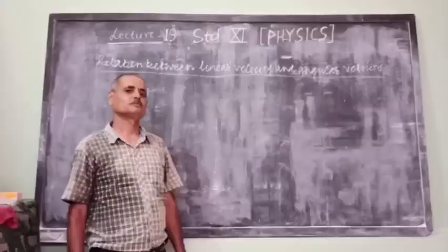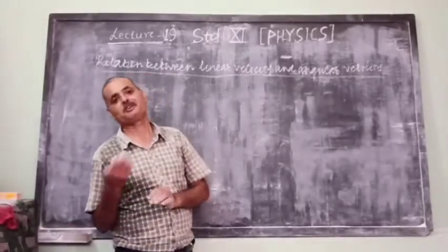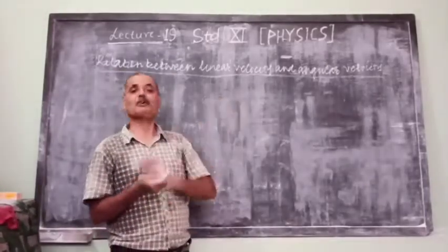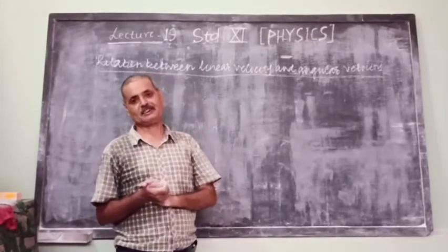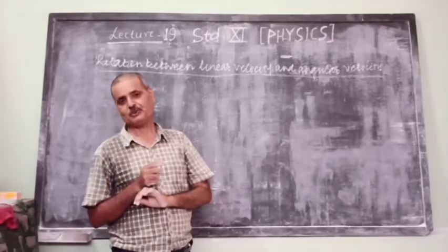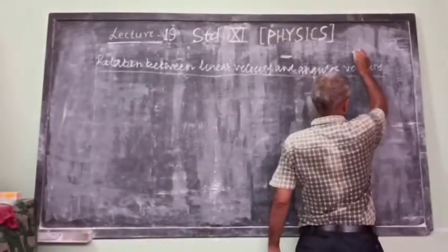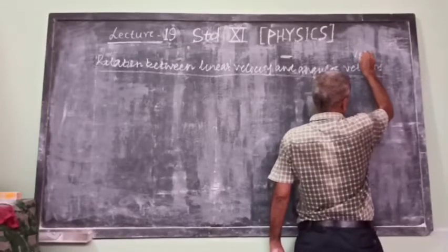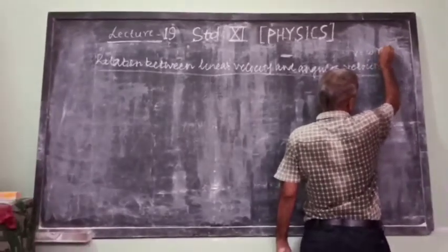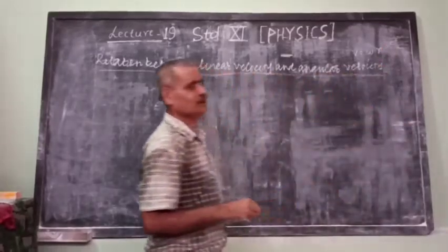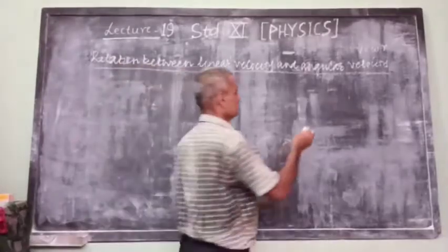Okay, we have to establish a relation between linear velocity and angular velocity. That formula in standard 9 was V is equal to omega r. We have proved it in standard 9, but it may be proved by another way.